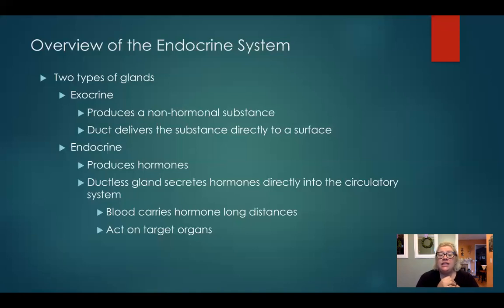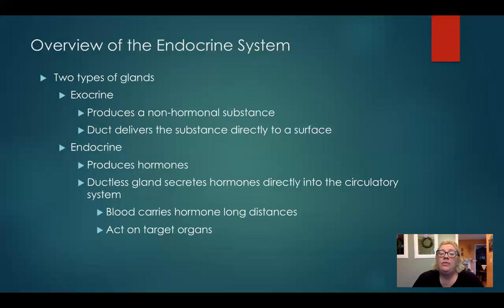The first is that they produce a substance called a hormone. A hormone is a type of chemical signal that has the capability of bringing about change somewhere in the body. We'll talk more about hormones later in this lecture.